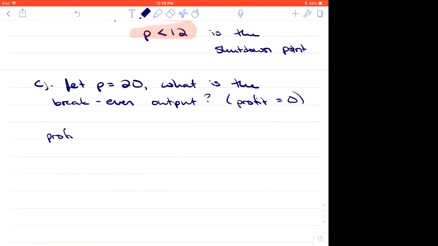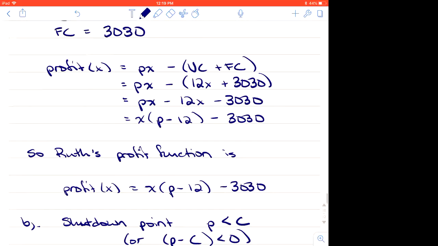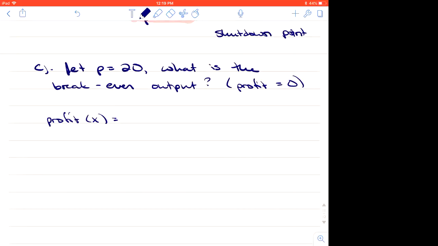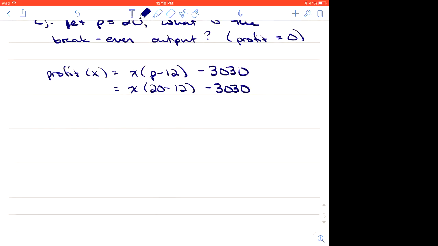So remember our profit function. Profit of X in general we said was X times (P minus 12) minus 30. And now we're told let P be 20. So we have X times (20 minus 12) minus 30. 20 minus 12 is 8, so we have 8x minus 30.